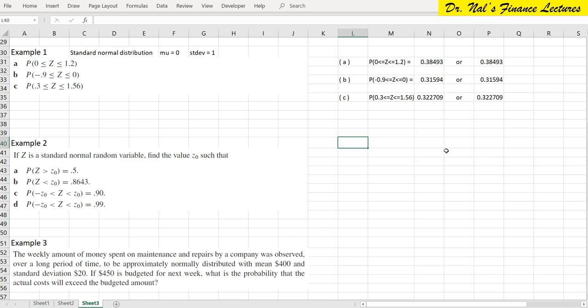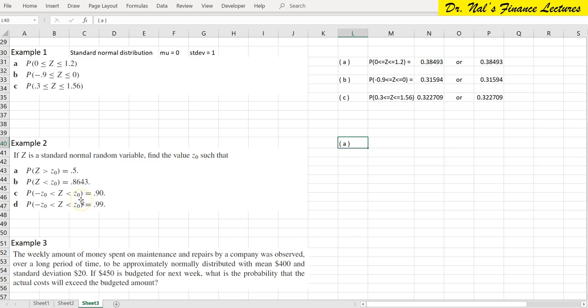The second question is asking for the values of the random variable themselves, right? So do you guys see that? It's asking for what value of Z is such that I will get a 0.5. Well, this one is obvious. It is because it's a symmetric distribution. It has to be 0 itself.